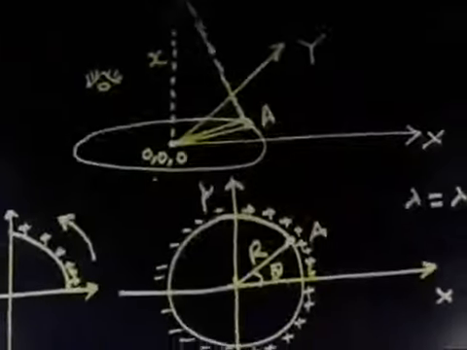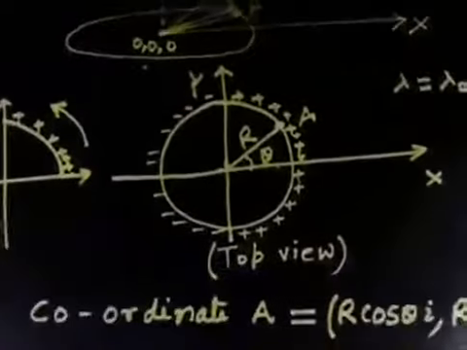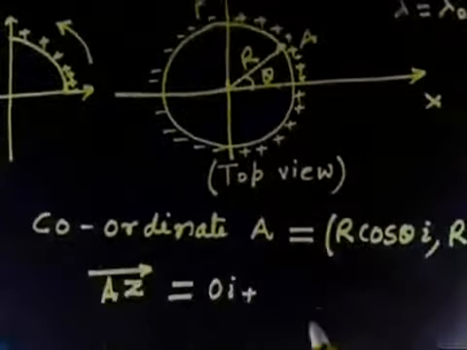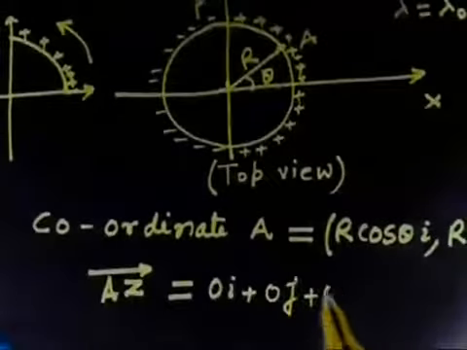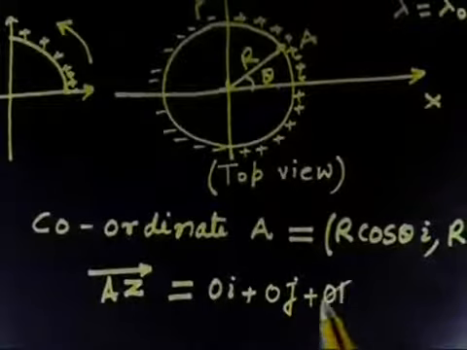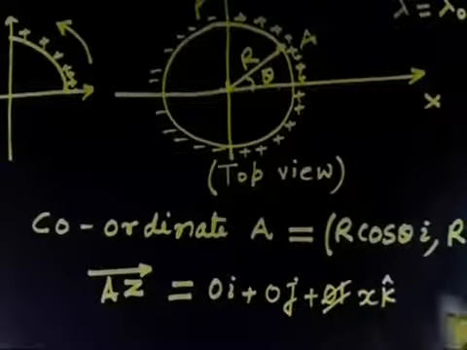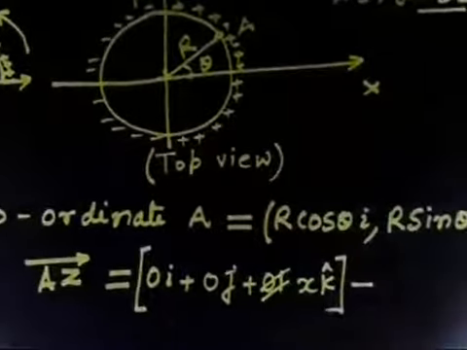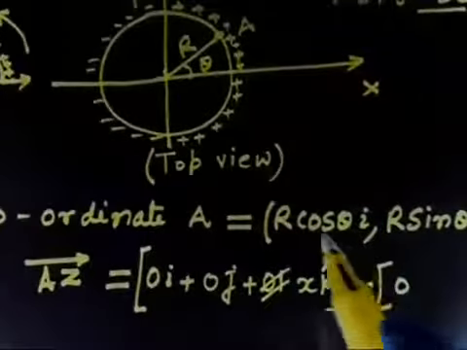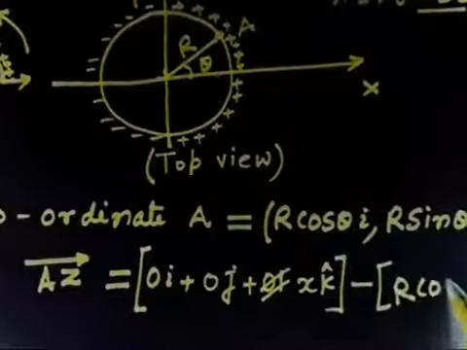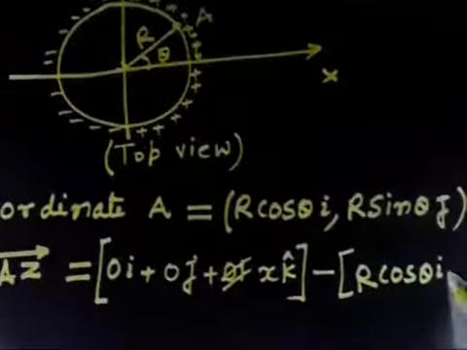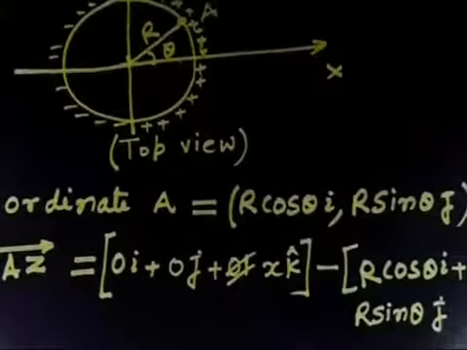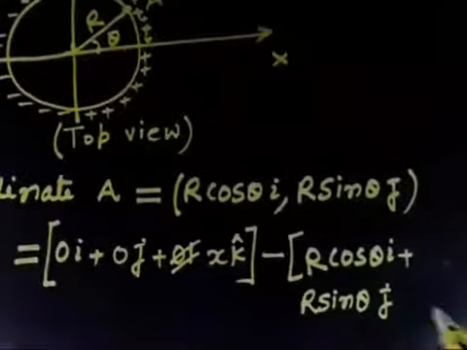So now I can have vector AZ, that is coordinate of Z, 0i plus 0j plus xk, minus the coordinate of A, that is 0 r cos theta i plus r sin theta j plus 0k.